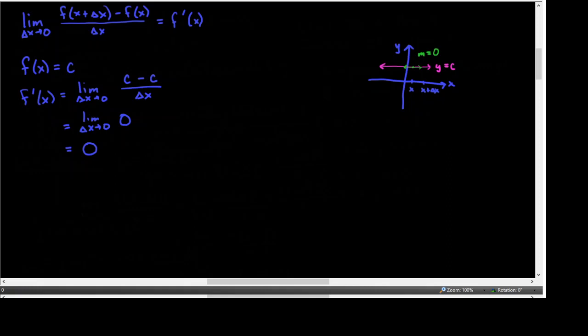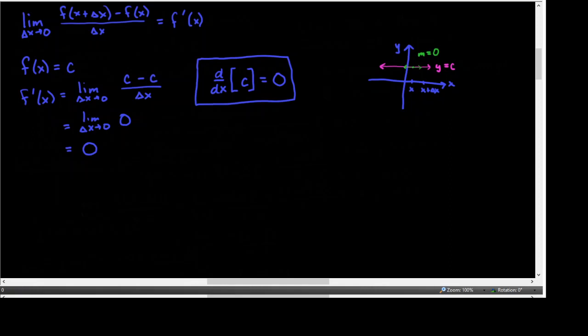So the derivative of a constant is 0. All right, so that's our first derivative rule. And when we write derivative rules, we use that one notation I talked about earlier very often. The derivative with respect to x of the function c is 0. And that's a derivative rule which you should commit to memory.